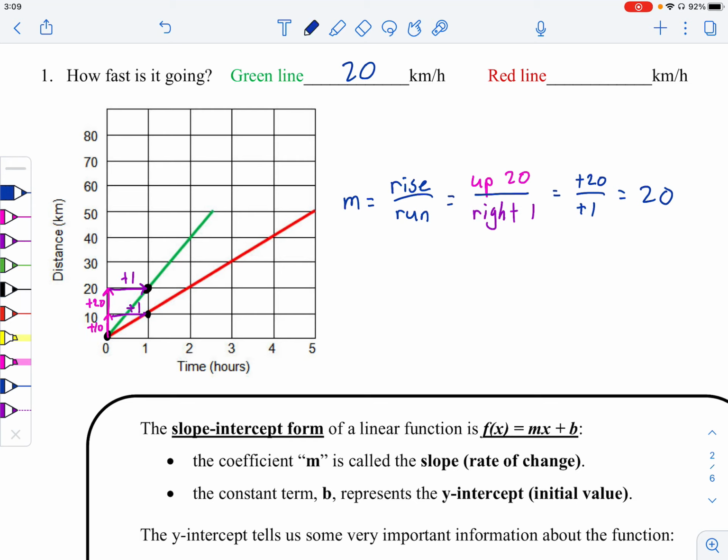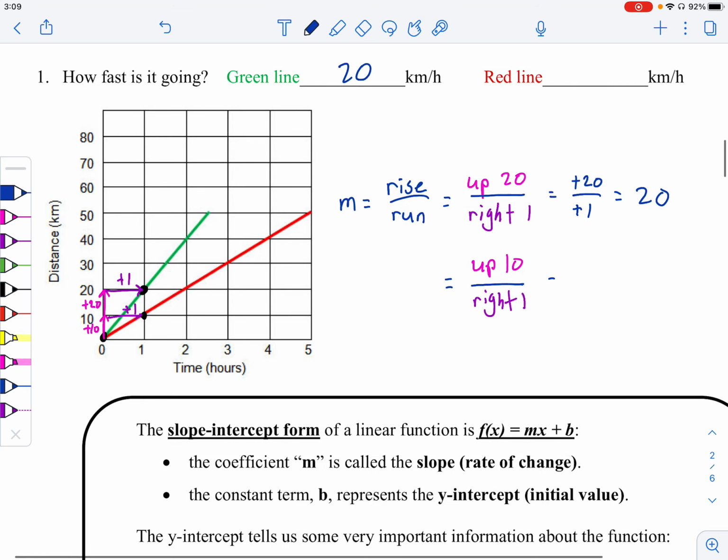So for the red one, it's up 10, right 1. 10 over 1 is 10. So 10 kilometers per hour.